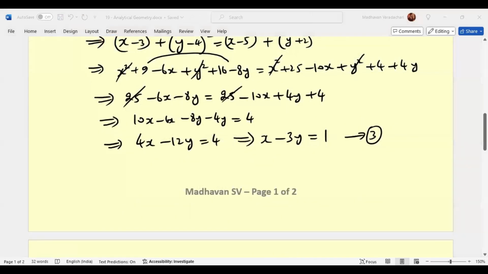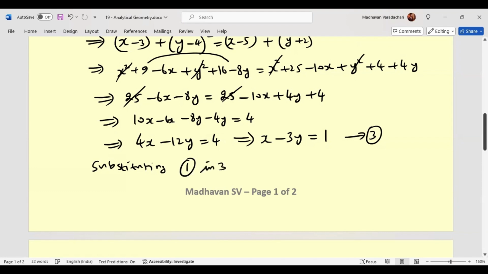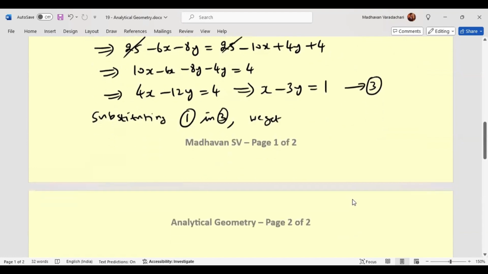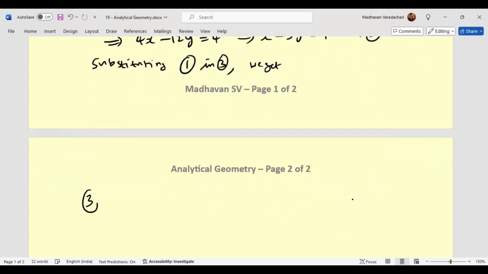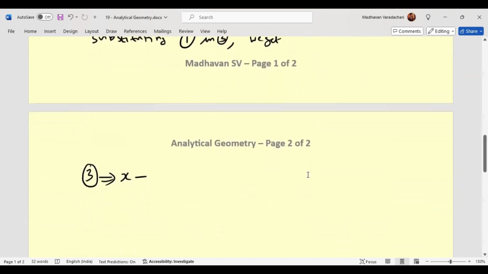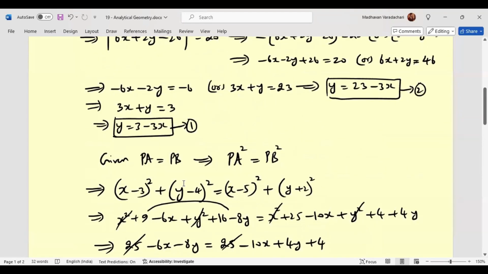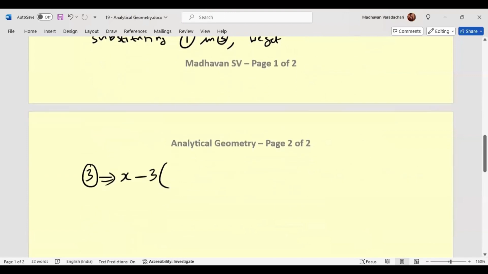Now, substituting 1 in 3, we get 3 is x minus 3 times y. What is y in 1? We'll go to 1. 3 minus 3x. 3 minus 3x is equal to 1.